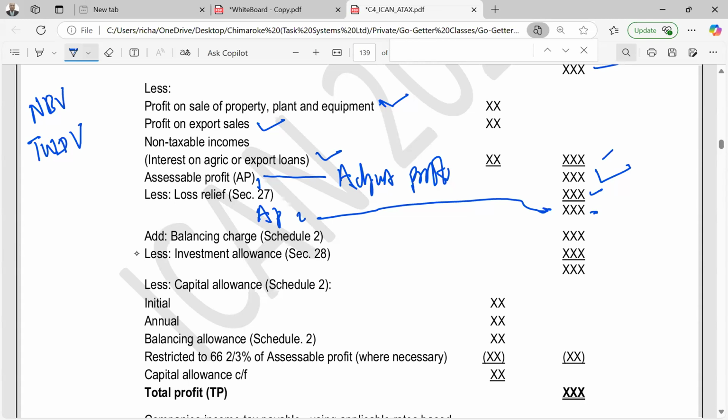If you have sold the asset at 250,000, no problem. There will be no balancing charge, no balancing allowance. Meaning you have gotten the value that government would have given you, because capital allowance is like government is saying all the assets that you bought, we are giving them back to you. Take the money you spent on them.